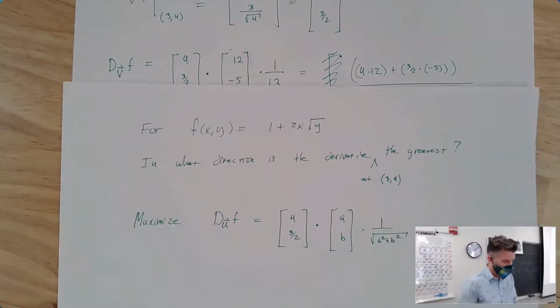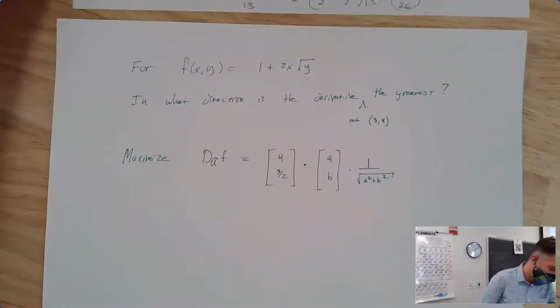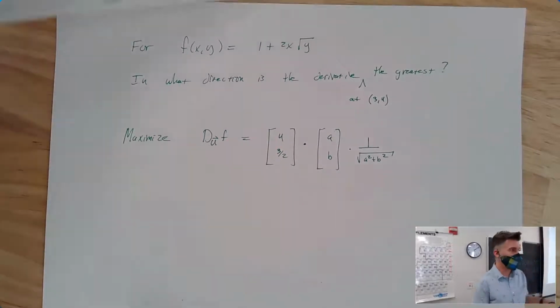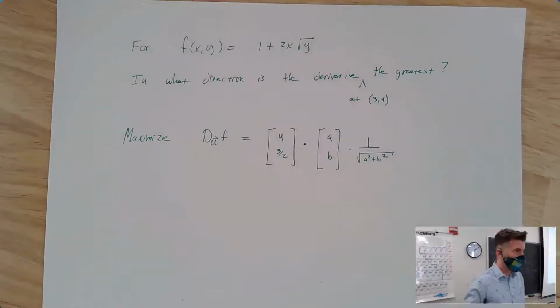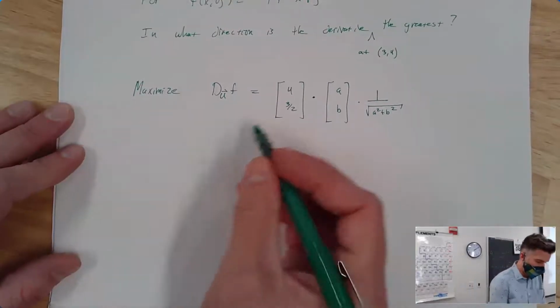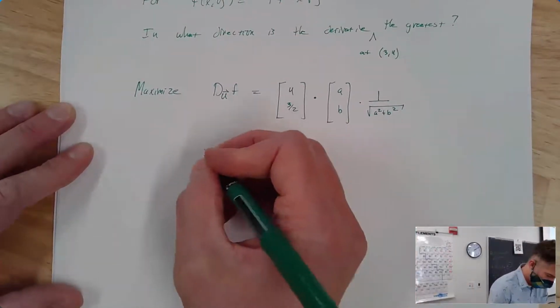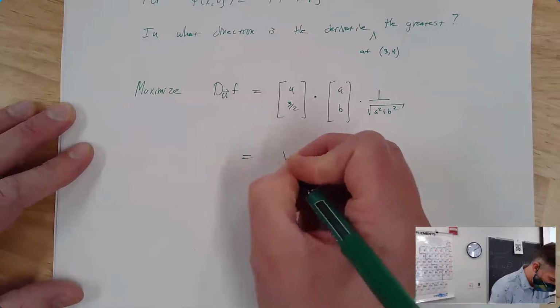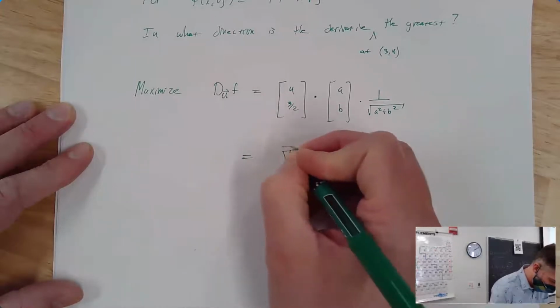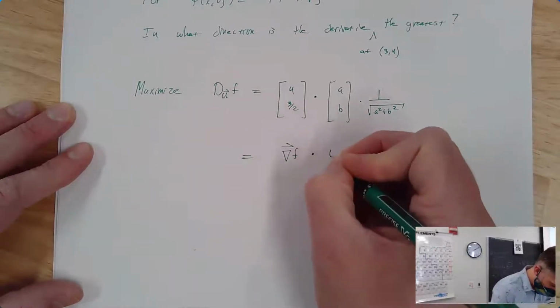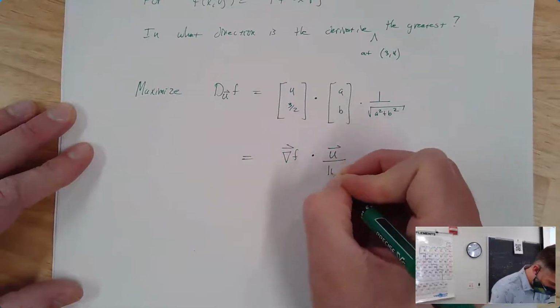This is where it's really important to remember that we have another way of finding the dot product of two vectors. Because this is again just the gradient of f dotted with u divided by the magnitude of u.